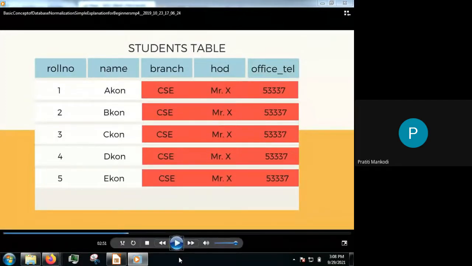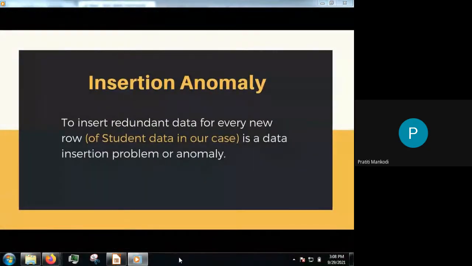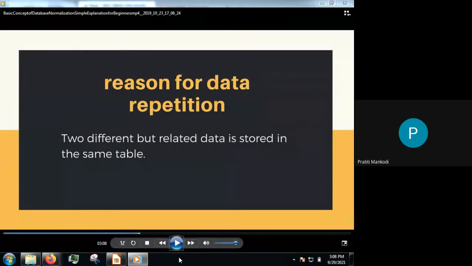So it is explaining that if I enter one new record, the same thing has to be inserted again. Got the insertion anomaly?